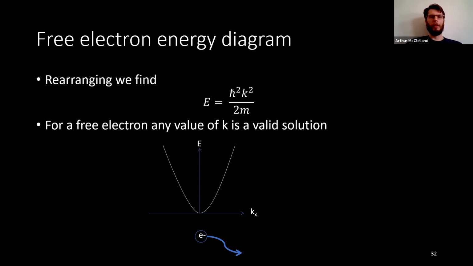This makes a parabola. So if we plot it in energy versus k, which is momentum space, so energy versus momentum, we have a nice beautiful parabola. The electron can take any energy that it feels like within this space.